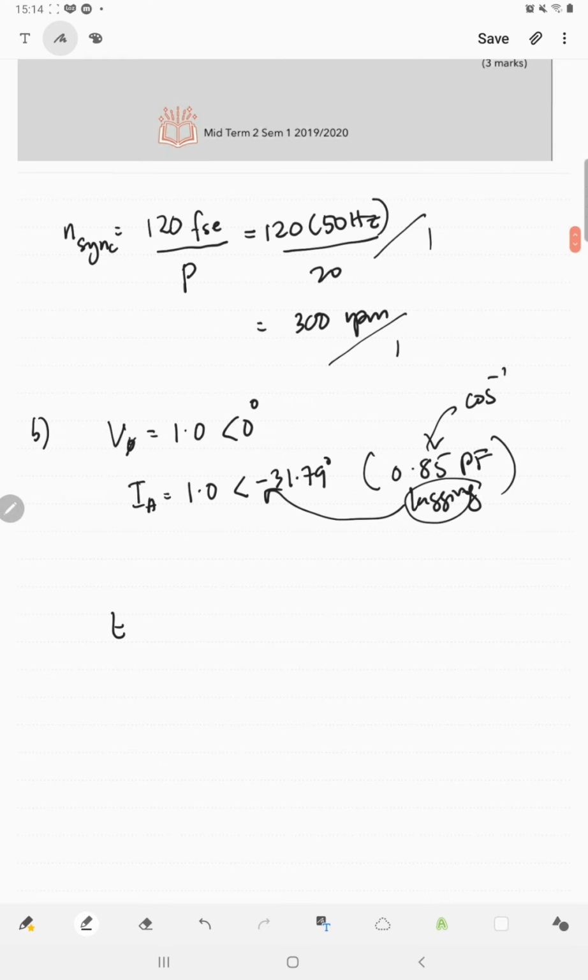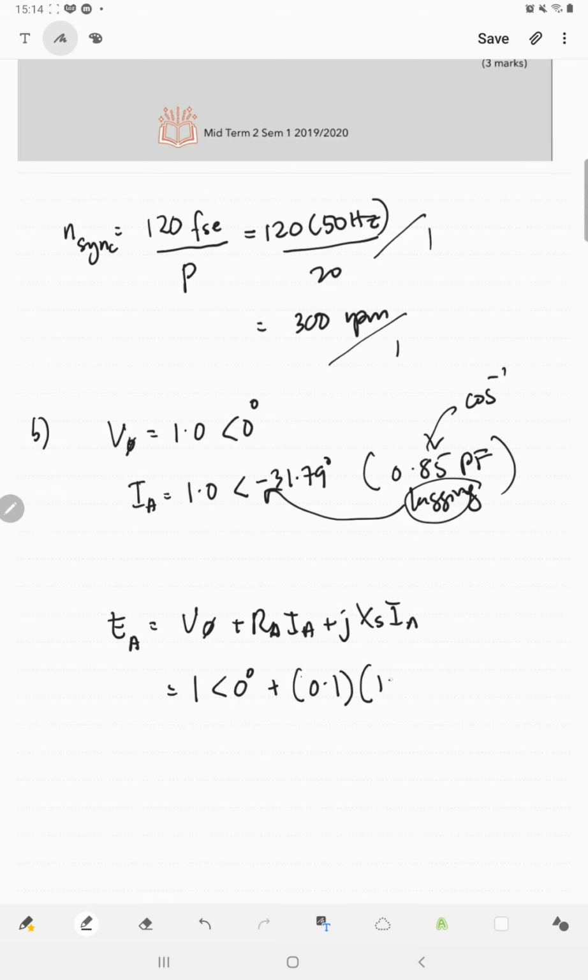For synchronous machines, EA is V phase plus RA IA plus jXS IA. V phase is 1 at 0 degrees, plus RA, the per unit armature resistance, is 0.1, times IA, which is 1 at minus 31.79 degrees, plus jXS, the per unit synchronous reactance, times IA, which is 1.0 at minus 31.79 degrees.